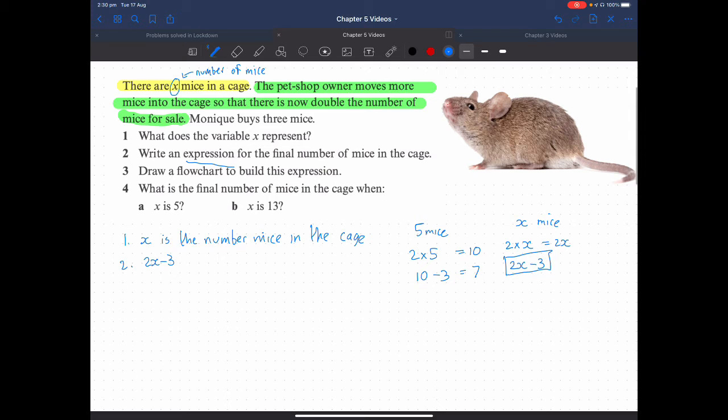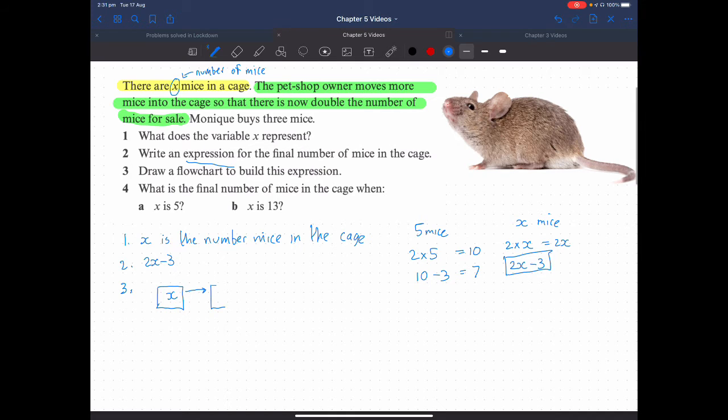Now we'll move on to question number 3. Question number 3 wants us to draw a flowchart to build this expression. So we're starting off with X mice. We are going to now work out the next square.